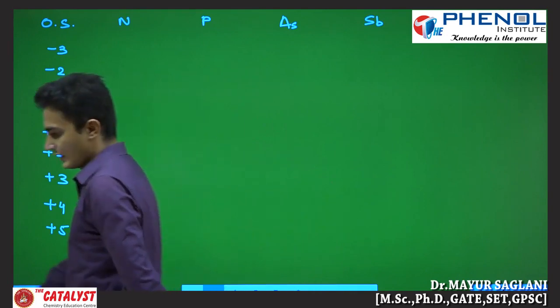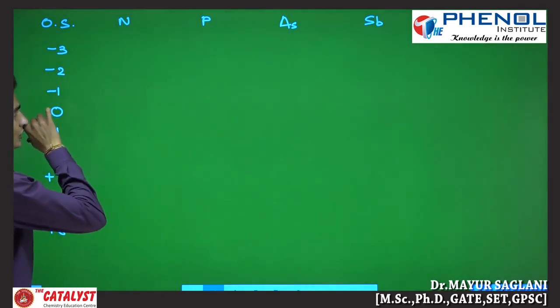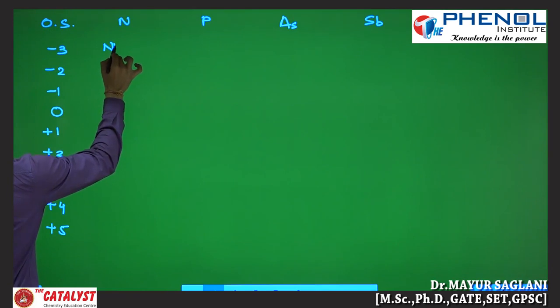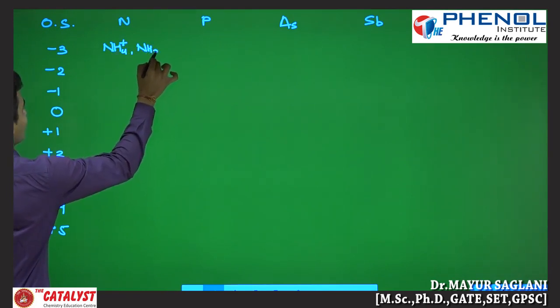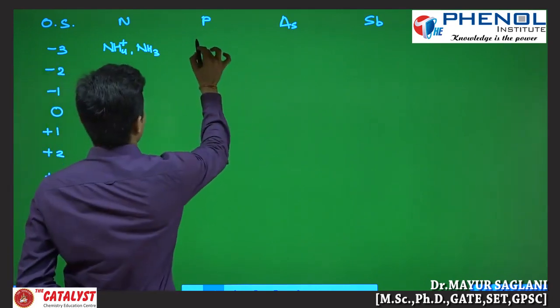If I ask you to write compounds in which nitrogen is in the -3 oxidation state, the examples are the ammonium ion NH4+ and NH3.